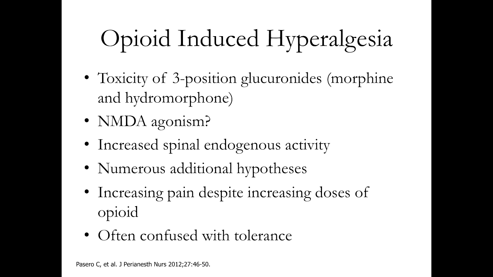So if you're on opioids for a long period of time, most of the opioids, with the exception of methadone and levorphanol, can actually serve as NMDA agonists. And remember, NMDA is a receptor for glutamate, which is excitatory. So if we're actually stimulating NMDA with some of these analgesics, we can actually be making pain worse in these patients.